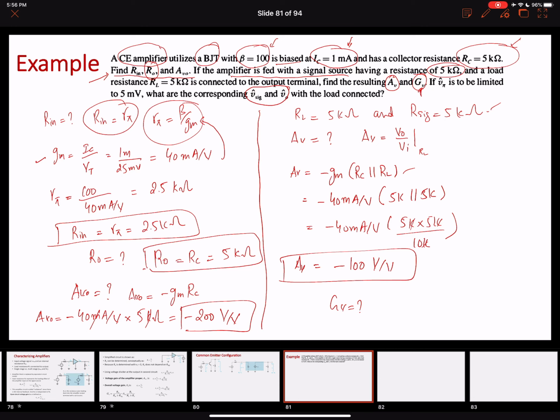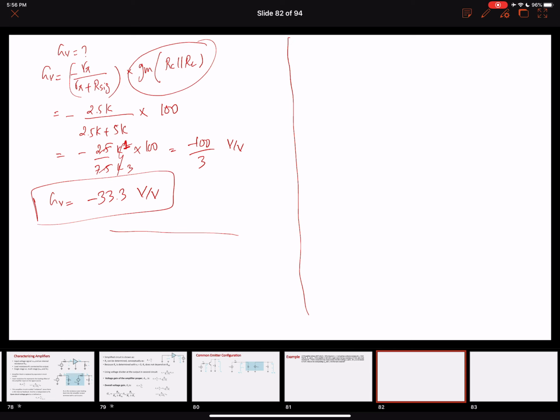So let's figure this out. We are given V pi to be 5 millivolts, and we want to find the value of the signal and the value of the output voltage.